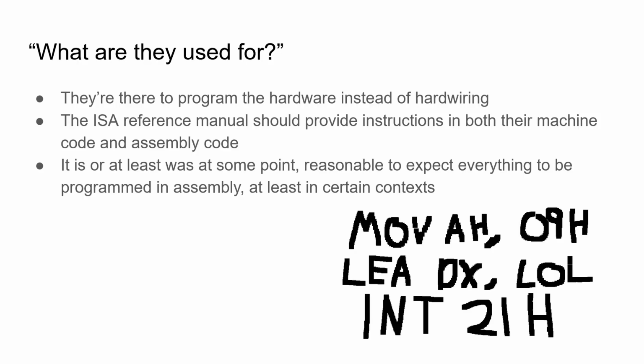And in order for a chip to be programmable, you've got to have some instructions. The ISA lays out the machine code and the assembly code. You turn that assembly code into the machine code, and the CPU will run the machine code.